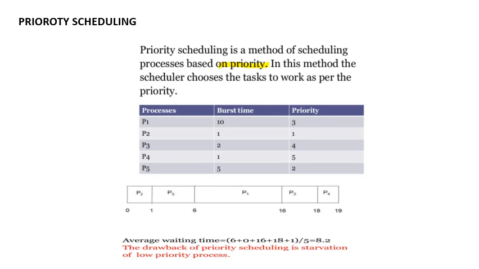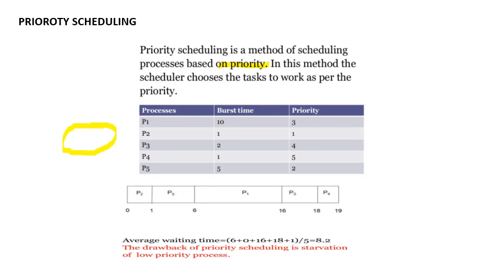Okay, so here consider these are all in the ready queue: P1, P2, P3, P4 up to P5, and for each process they have given priorities. For process P1 the priority is 3, P2 is 1, P3 is 4, P4 is 5, and P5 is 2.